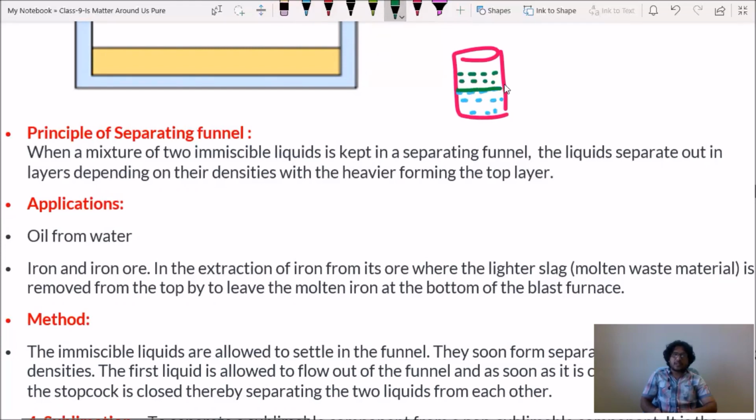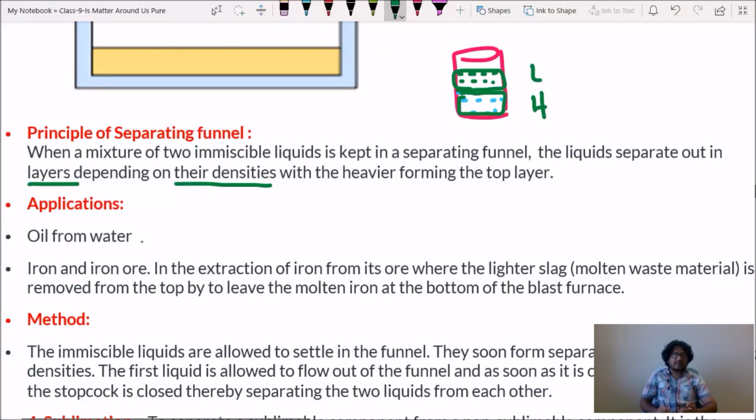You can observe there will be layers. Oil will have one layer and water will have another layer, and these liquids separate out in layers depending on their densities. Water has high density, oil has low density. Like that we can separate it.